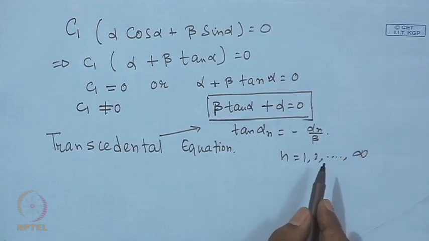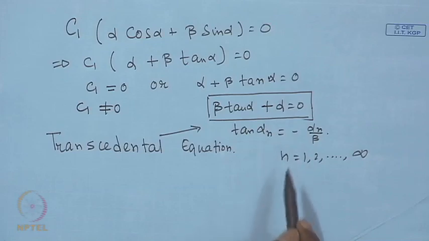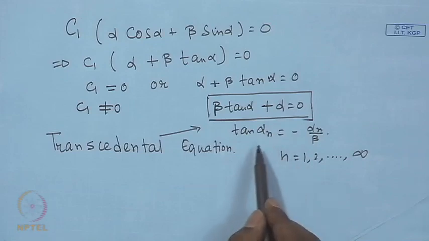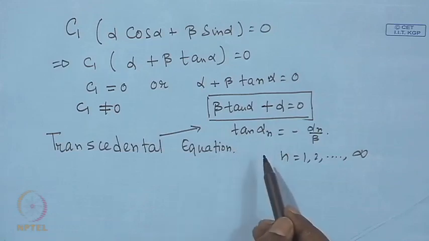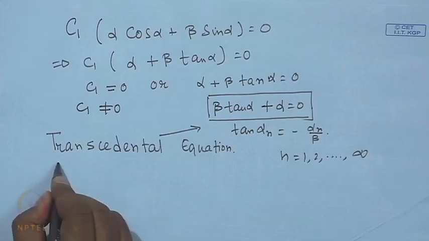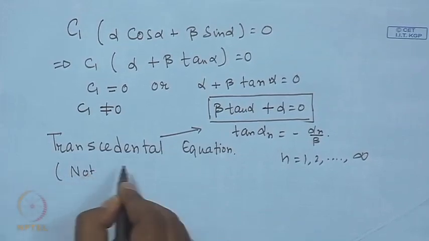Since we are not getting an explicit solution of alpha n from this equation, unlike the previous two cases, this equation has to be solved numerically. This is known as a transcendental equation. It is not an explicit equation, it is an implicit equation.